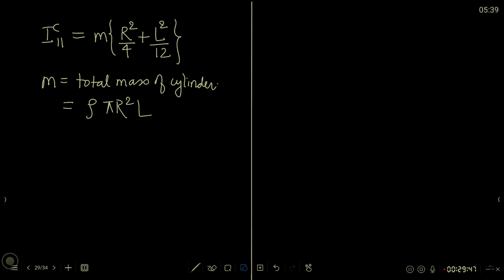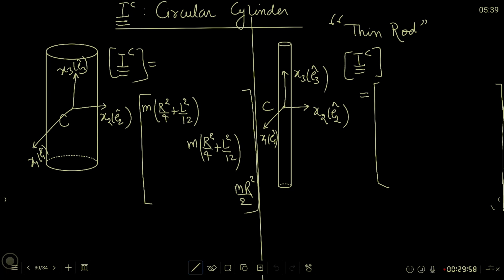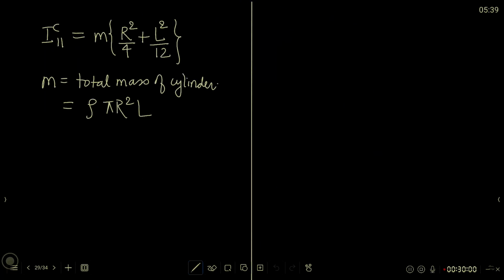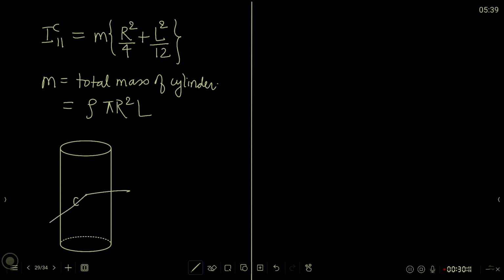So if I summarize, for this cylinder, this is the center of mass, this is my working coordinate system, the full matrix.